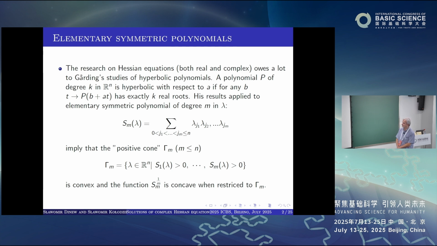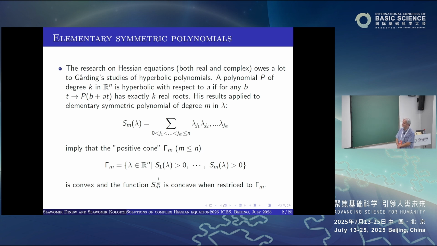And this theory applies in particular to elementary symmetric polynomials of any degree. They are defined here, and we use this notation for the polynomial of degree m.